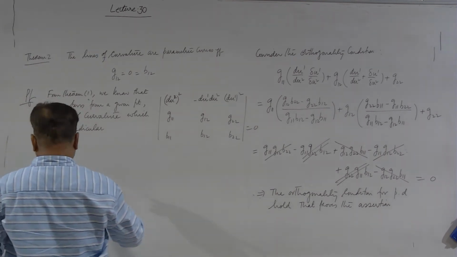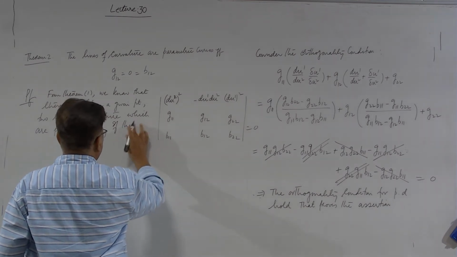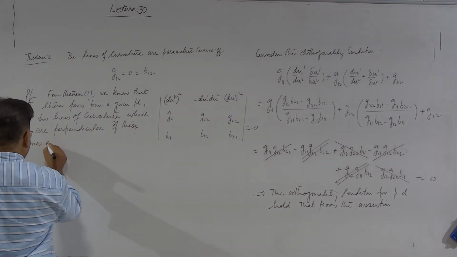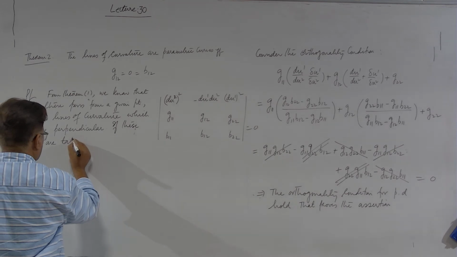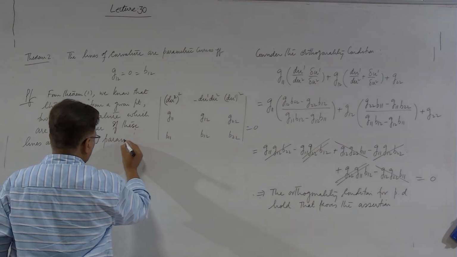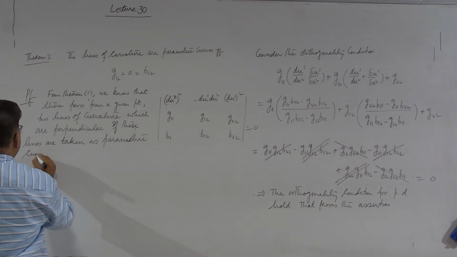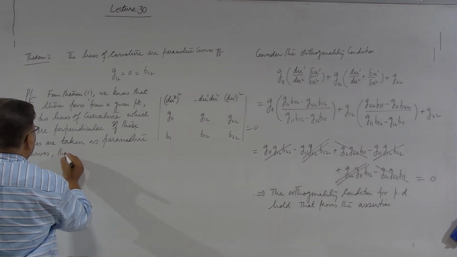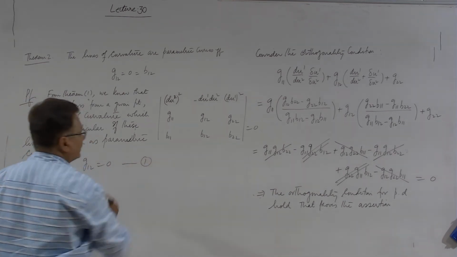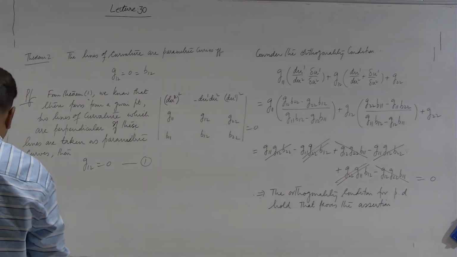So, if these lines are taken as parametric curves, then G12 must be 0. This is number 1. The parametric curves are orthogonal if and only if G12 is 0.